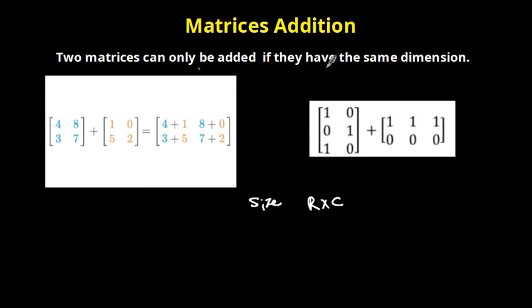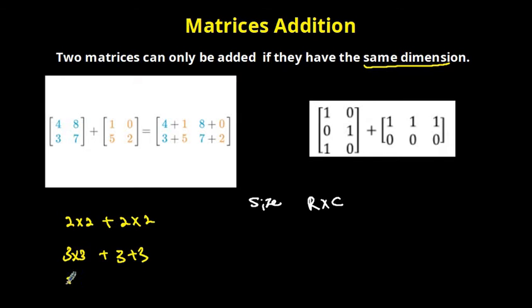They can only be added if the dimensions are the same. If you have a 2 by 2, this can only be added to another 2 by 2 matrix. So the dimensions have to be the same. A 3 by 3 you can add only to a 3 by 3.